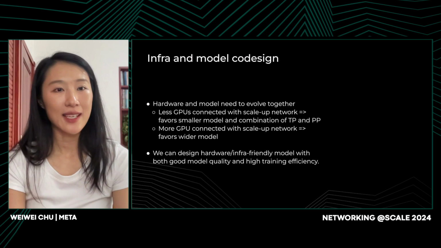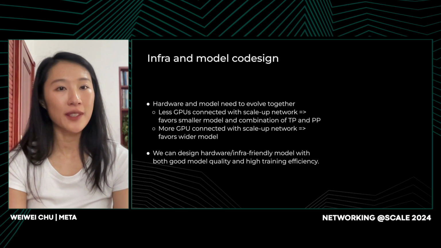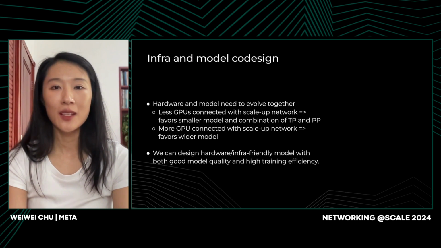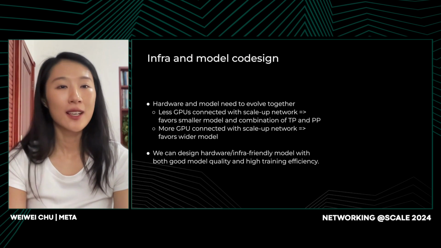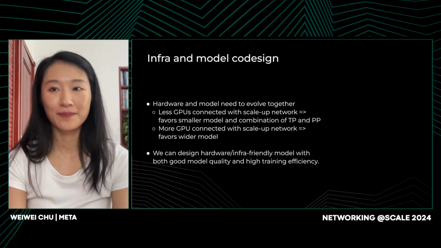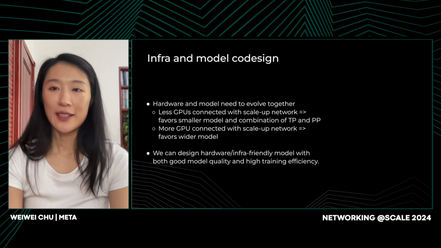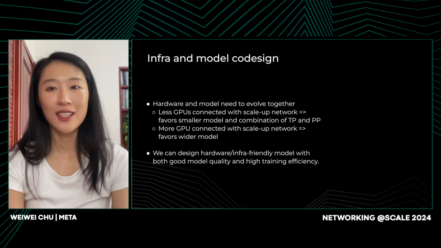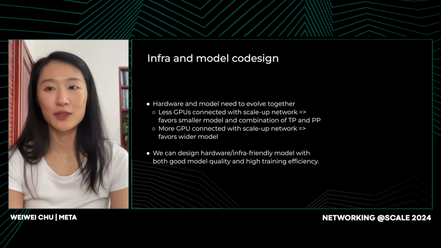We can design hardware and infra-friendly models with both good model quality and high training efficiency. To do this, we can build a model that can predict the training throughput given a certain model, certain hardware, and the training setting. So infra, such as network, scheduling, and so on, are critical factors to the next generation of models.